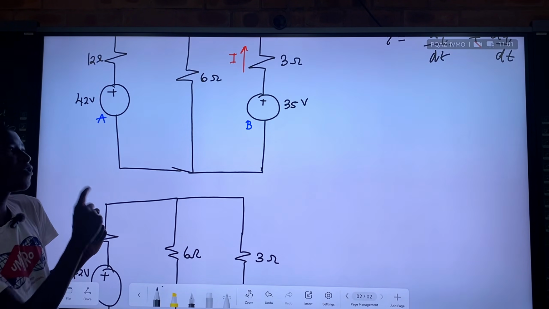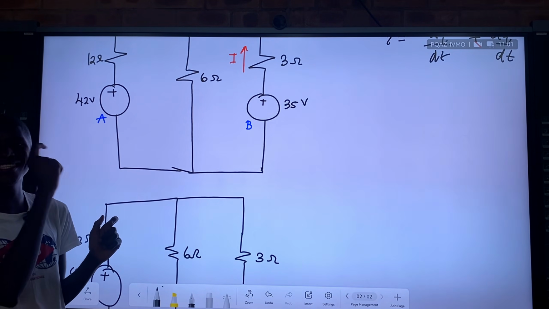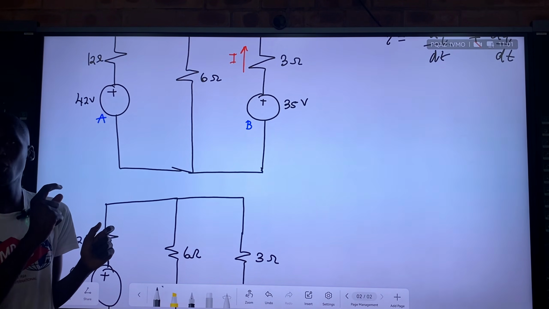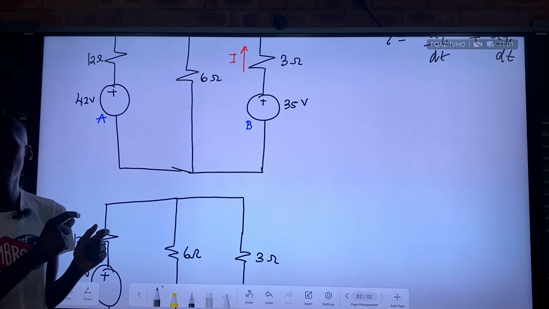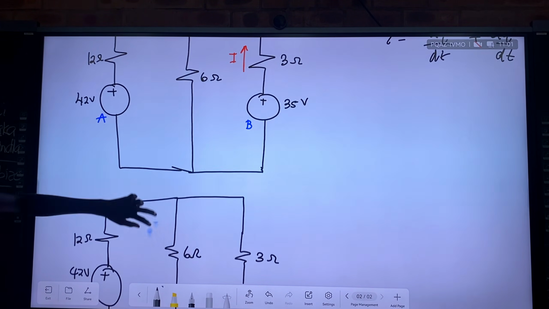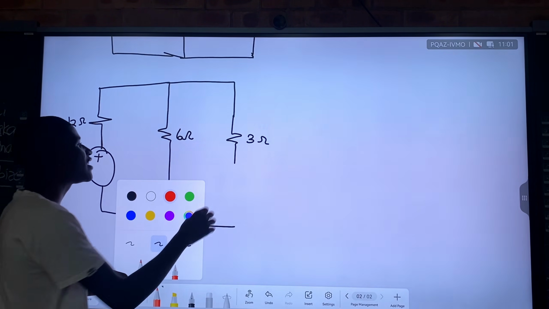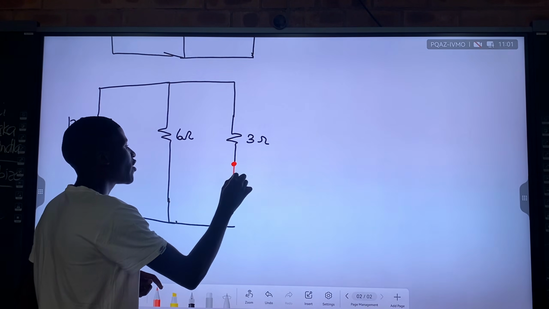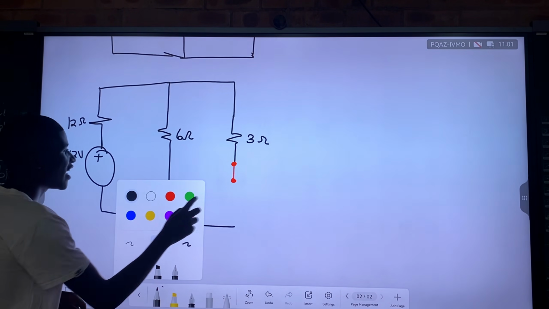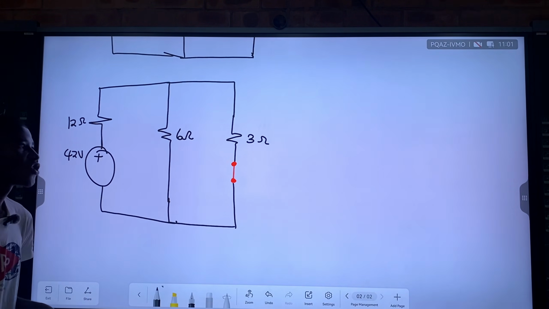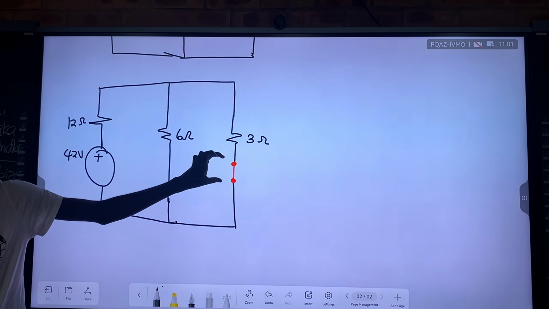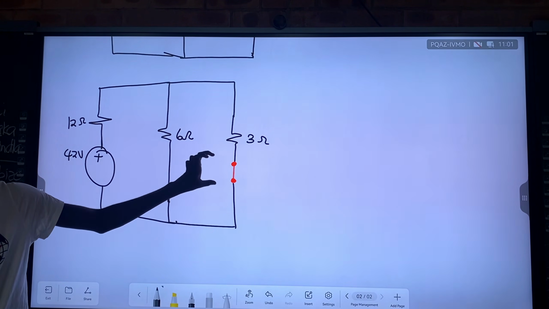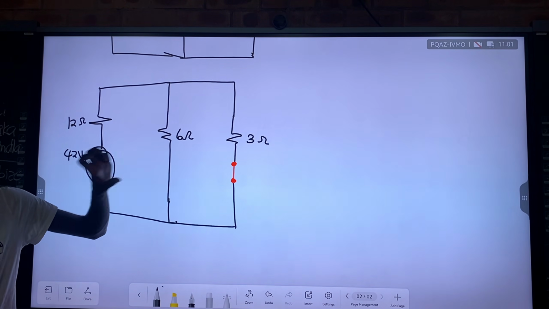Because you know the voltage across a short circuit is equal to 0, because there is no change in potential, there is no potential difference. So at this point, I'm going to replace the 35 volts with a short circuit. Now I don't have any voltage anymore; in other words, my voltage at this point is 0 volts.